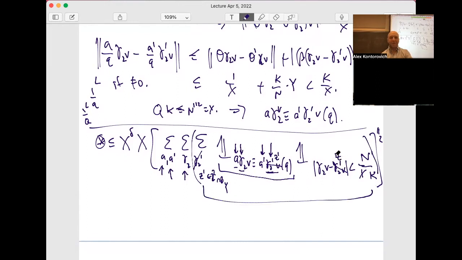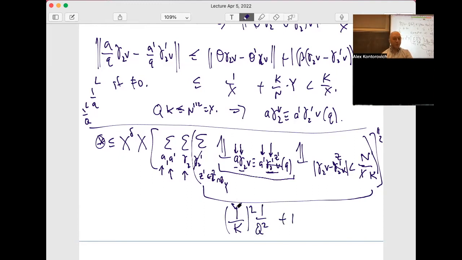So how many elements are there in a ball in Z2 of size y over k about some fixed vector? N over x, squared. Exactly, so n over x is y. So this is y over k squared, but I only get to choose one out of q squared of them. So there's a 1 over q squared, and then there's a plus 1, of course.